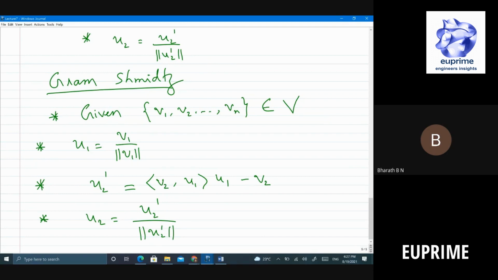So how do you do that? What do you do? If you have a third vector like this, I have to project onto v1 and v2, right?